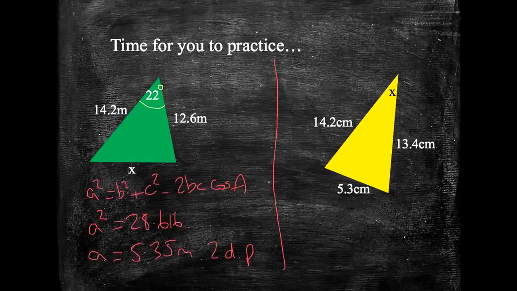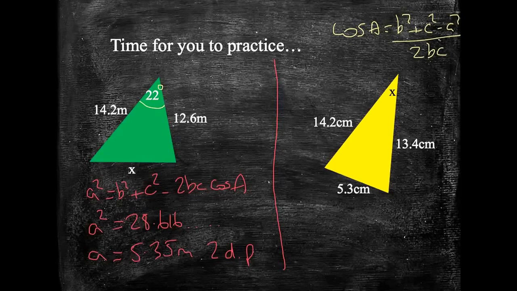On this second question, over on the right hand side, we're using the alternative form. So we're going to use the formula cos A equals b squared plus c squared minus a squared over 2bc.